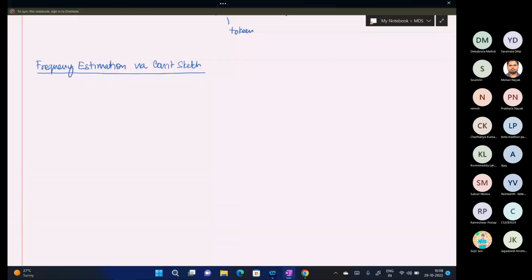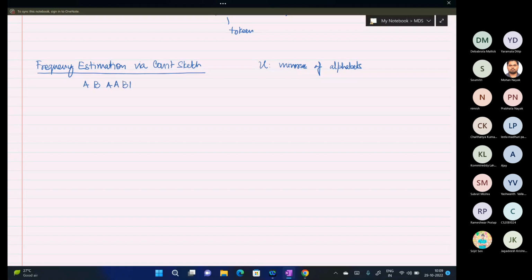Suppose our universe is the alphabet, and our data stream is like this: B A B A B B and so on.